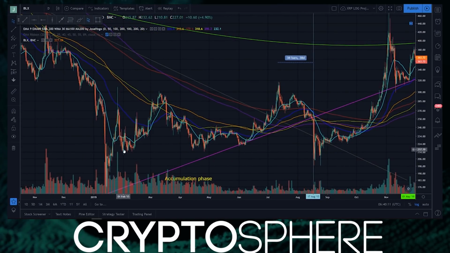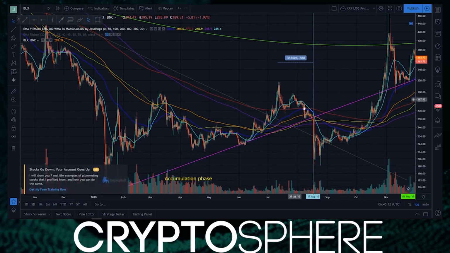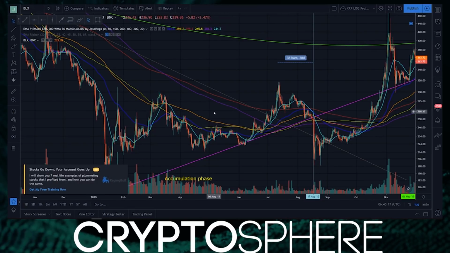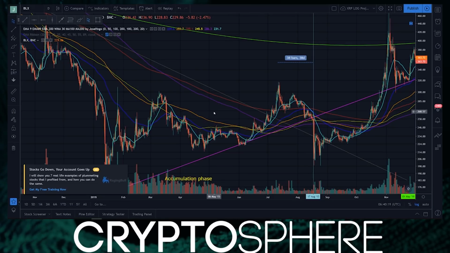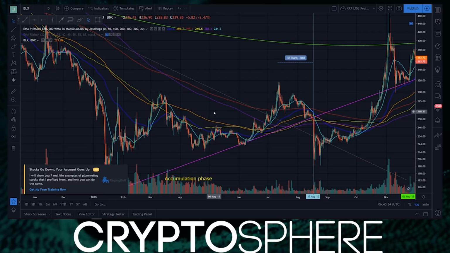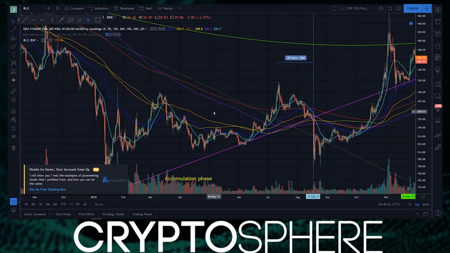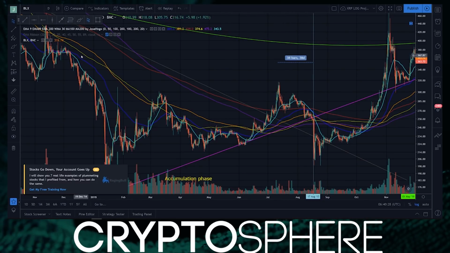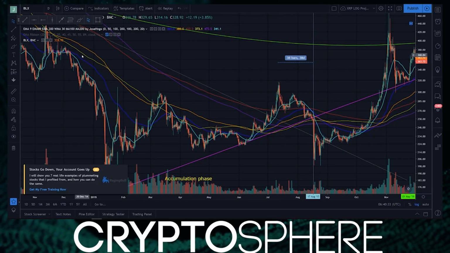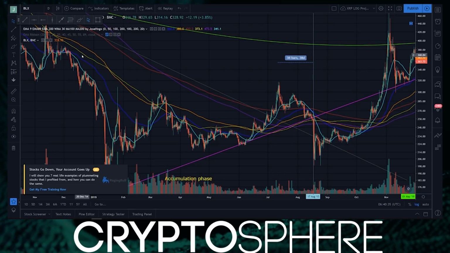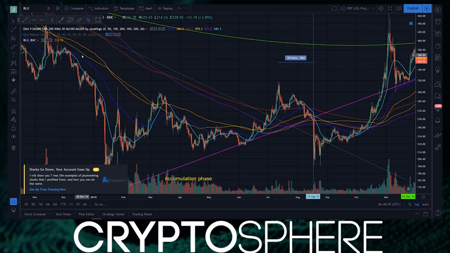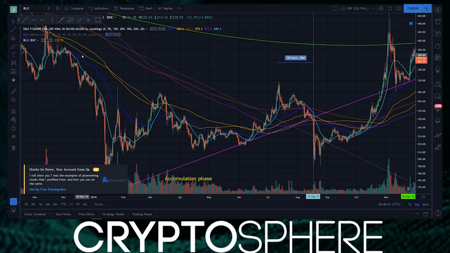After it capitulated, it went through this consolidation phase, and as you can see, I have all these moving averages on here. You're going to be like, what is this spaghetti mess? It's actually going to get a little worse, but I'm going to walk us through it. They found that in Bitcoin's market structure we're witnessing the same thing, but the timing has hastened.